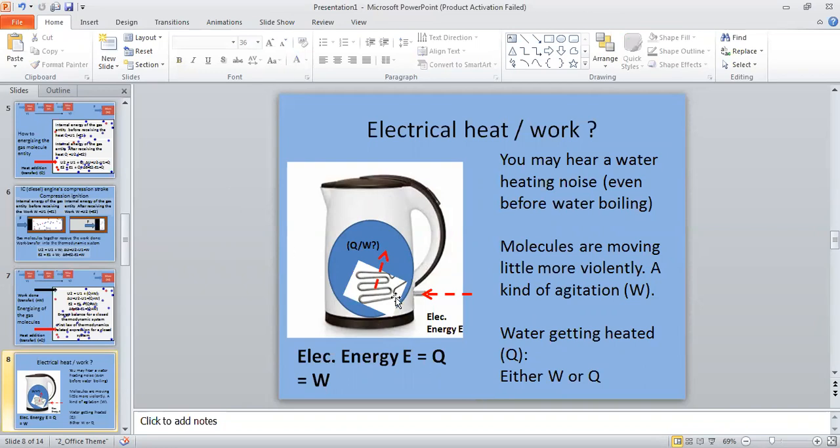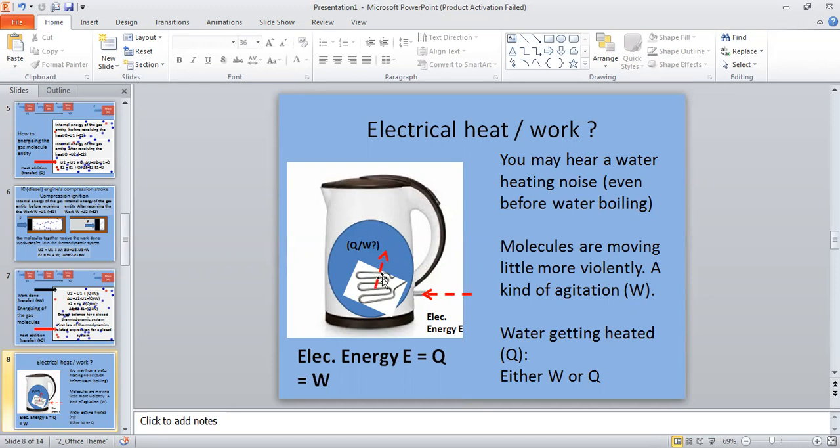Because from this example, you can see that the heater converts energy from electrical to thermal, but thermal finally can be something like work done. So it is okay to think in that way.